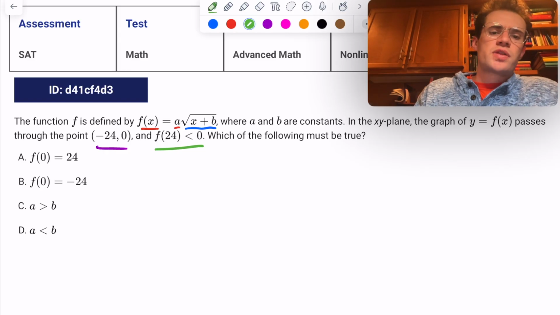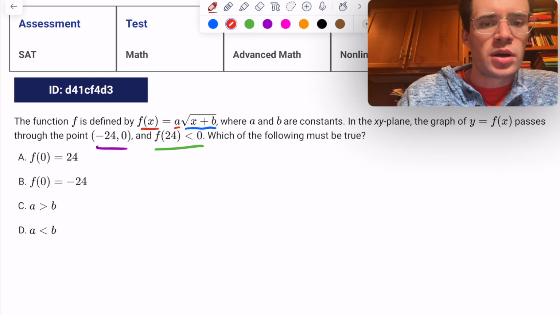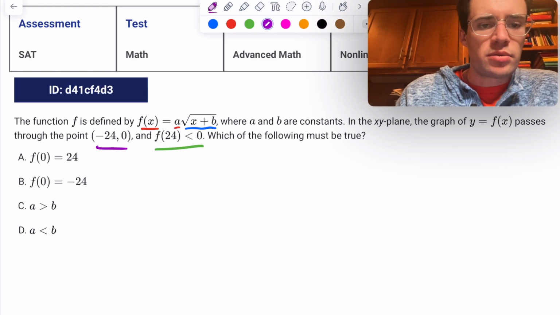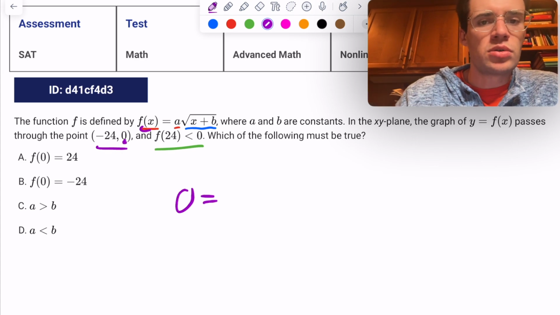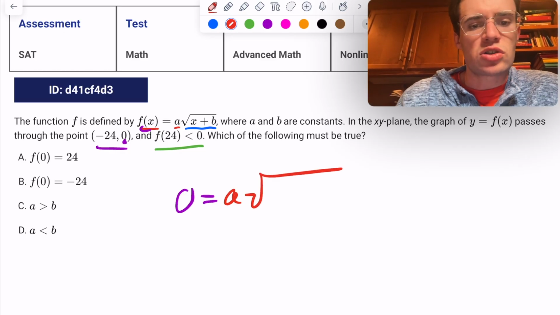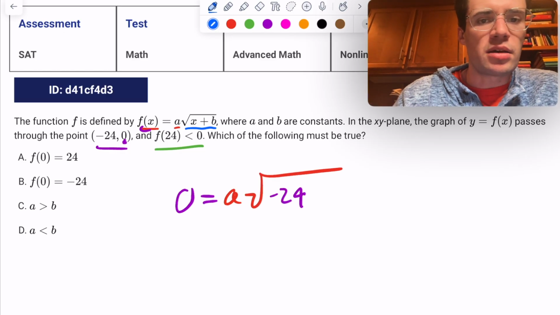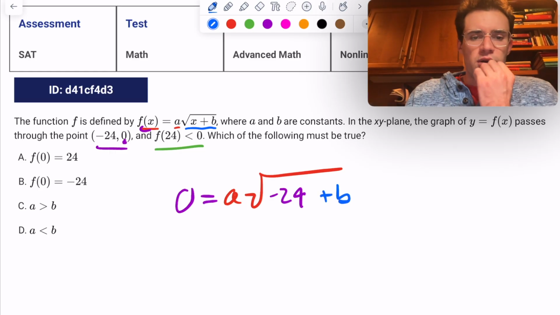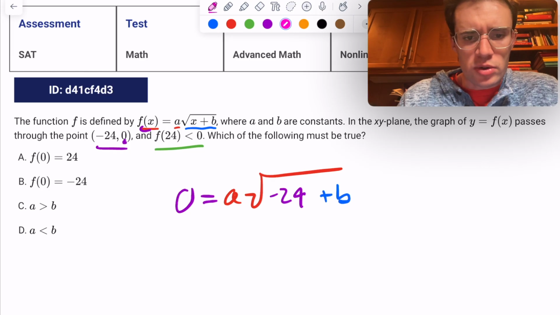Well, I'm going to start with this -24, 0. I'll plug that in. So when x is equal to -24, we would get our output is 0, right? The y value is the f of x. So 0 is equal to a times the square root of, instead of x, we'll do -24 plus b. All right, so we get this. And to get rid of the square root, we'll square everything.